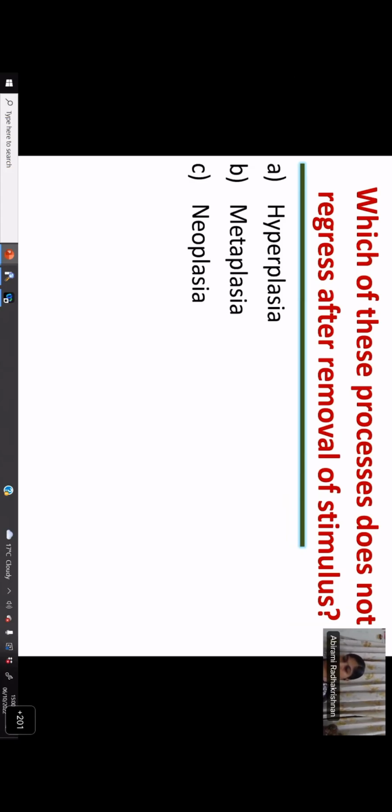So most of the students think it is option C, neoplasia. That's right. Correct. So the neoplastic process here does not regress after removal of the stimulus usually.